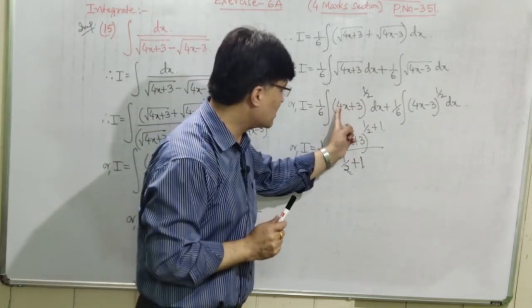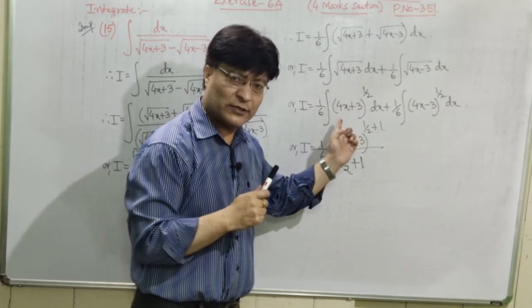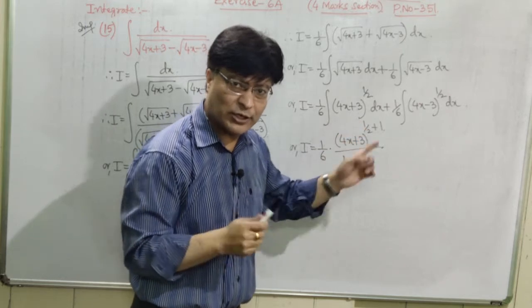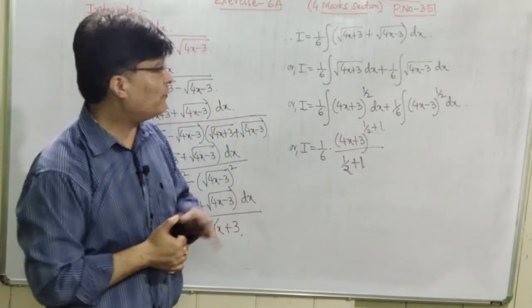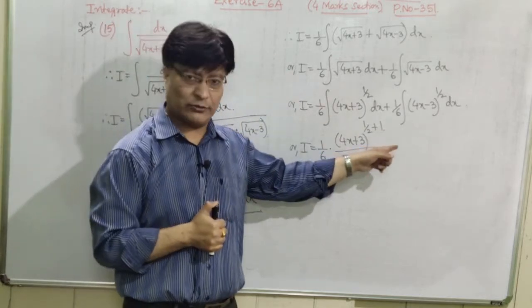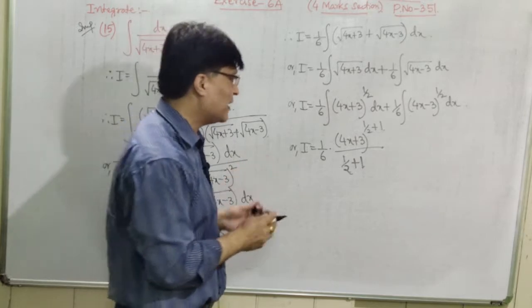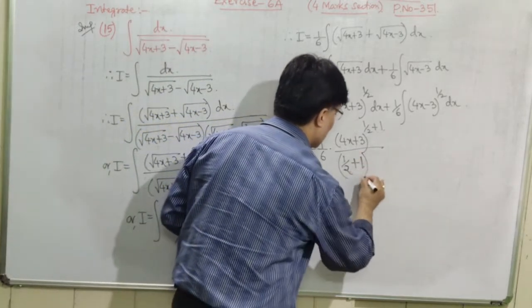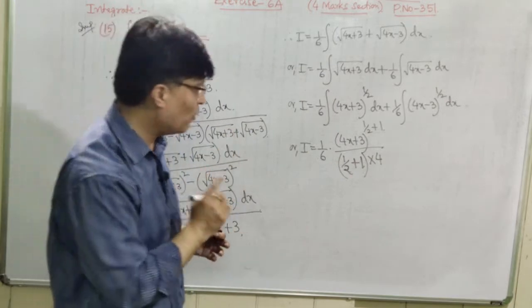So what is the differentiation of 4x plus 3? It is only 4. For differentiation of 4x it is 4 and plus 3 it is 0. So it is 4. But in case of differentiation, if it were a differentiation problem, it would be into 4. So since this is the case of integration, you have to divide it by 4. So in the denominator you should write 4.